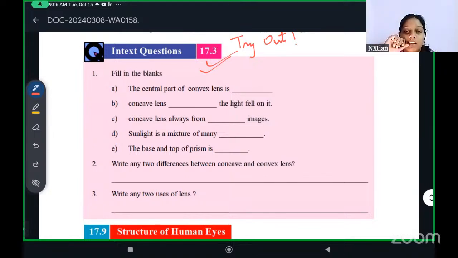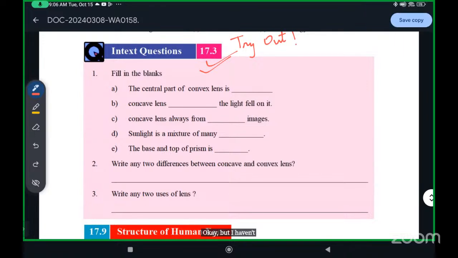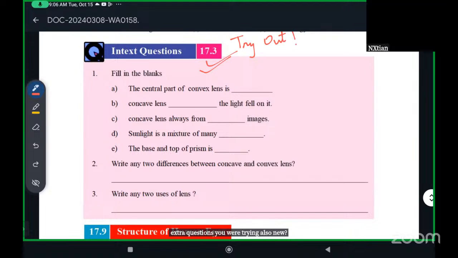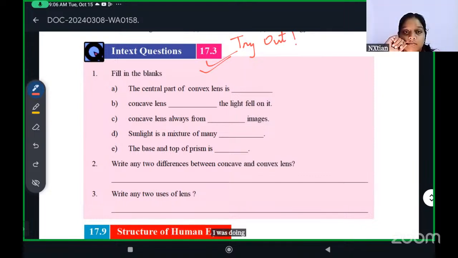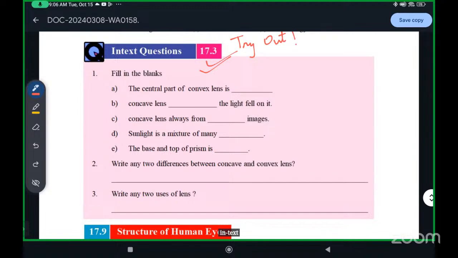But I haven't given you a question about finding the area. Extra questions you were trying out, Sonia? I was doing the in-text questions as practice. Okay, let me open it.